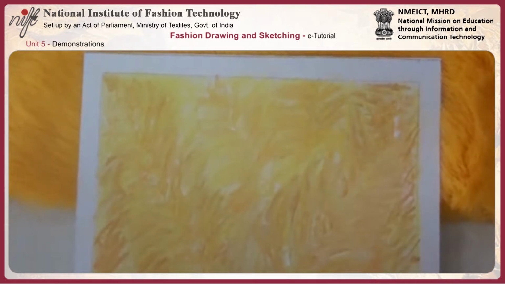Here you are watching the rendering of acrylic pile fabric. It is done using soft, dry pastels. If you watch the fabric properly, you will see that the fabric has a lot of fibers on the surface.